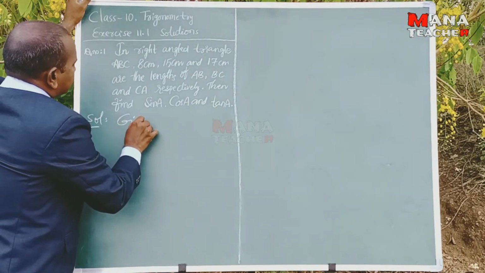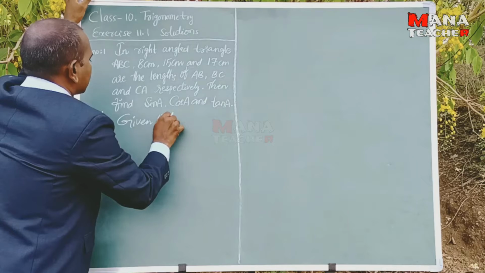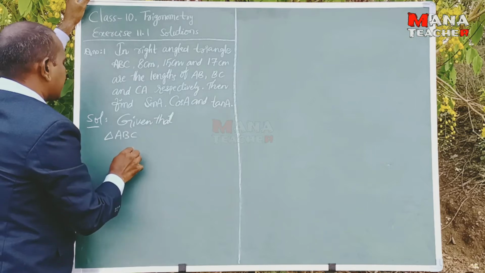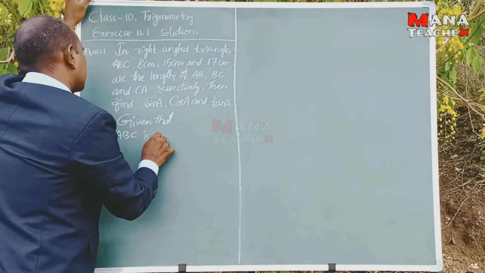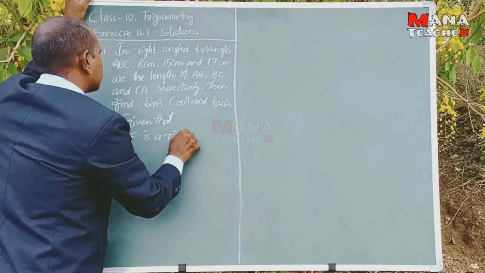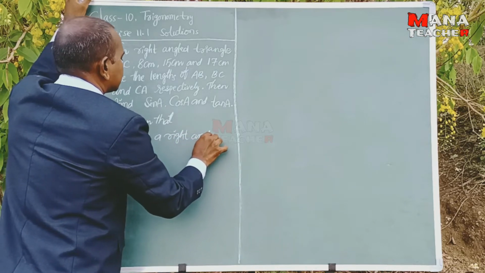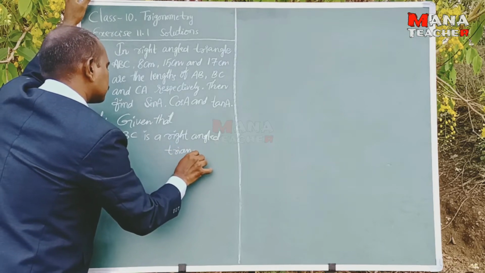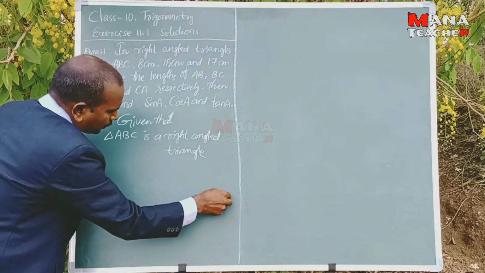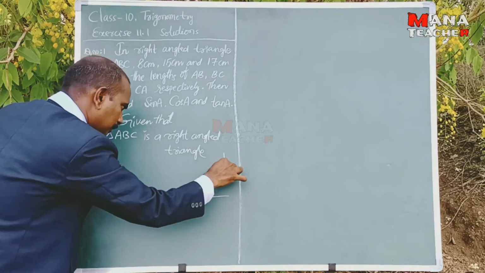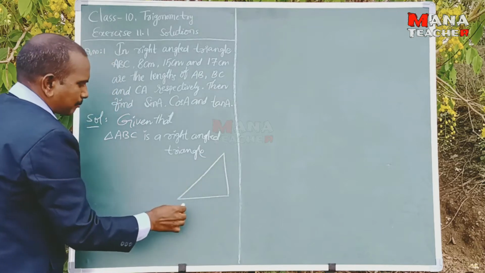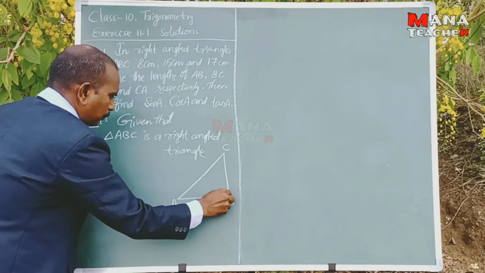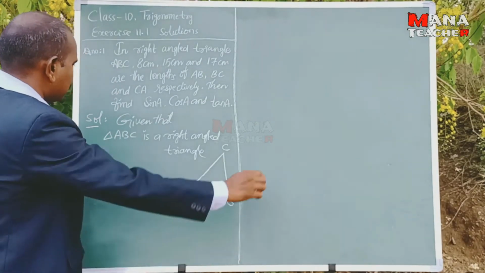Given that triangle ABC is a right angled triangle, with angle B equal to 90 degrees.